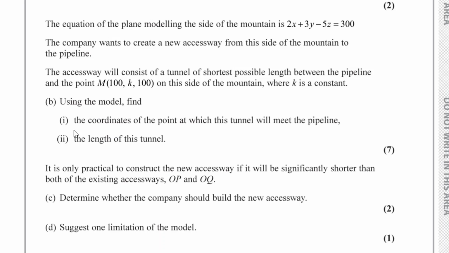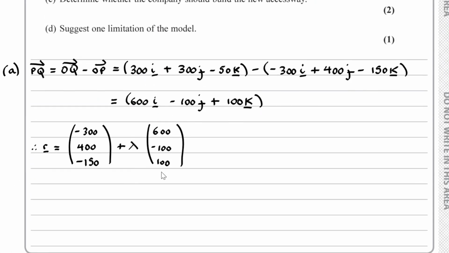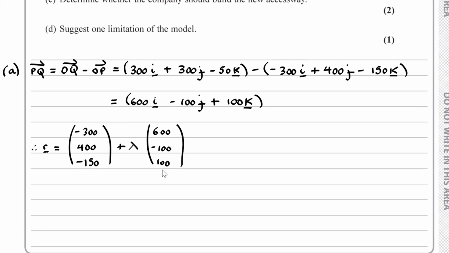We have to find the coordinates of the point at which this tunnel will meet the pipeline and then the length of this tunnel. So far we already know the equation of the plane.